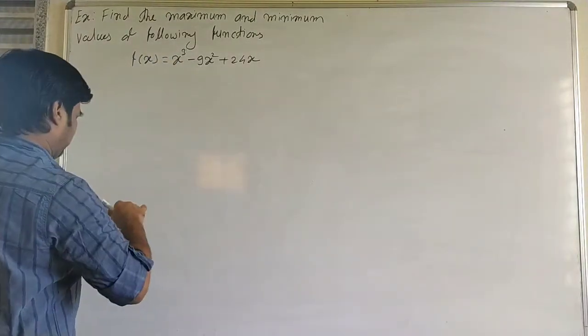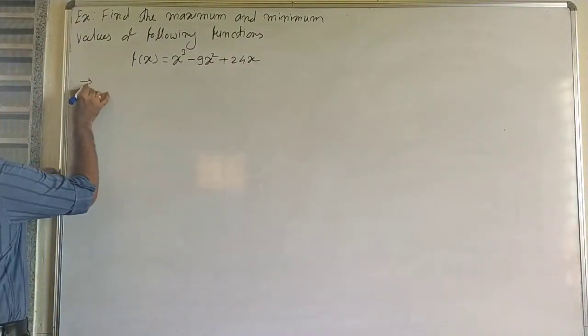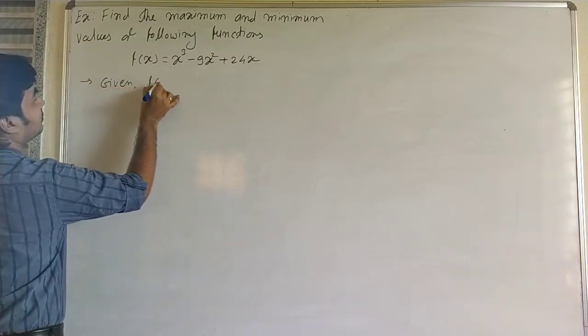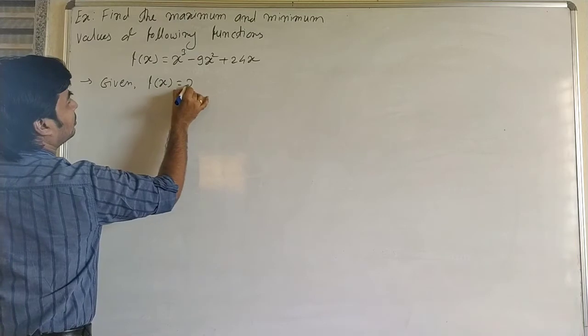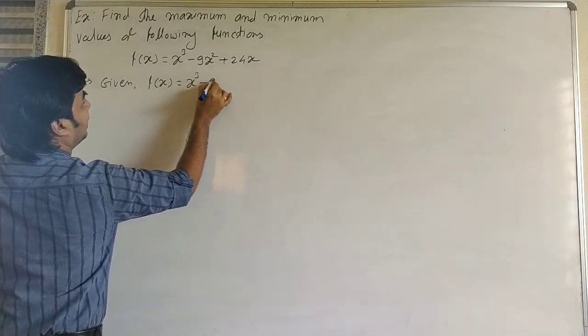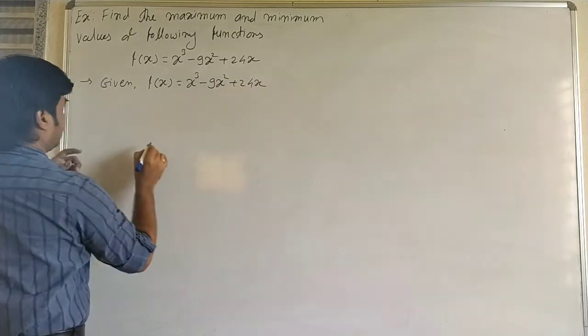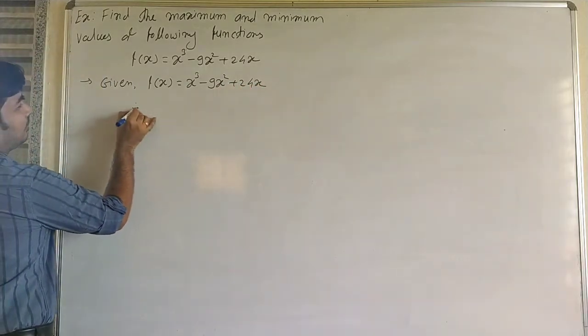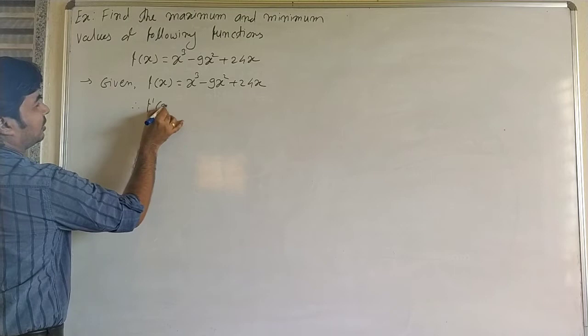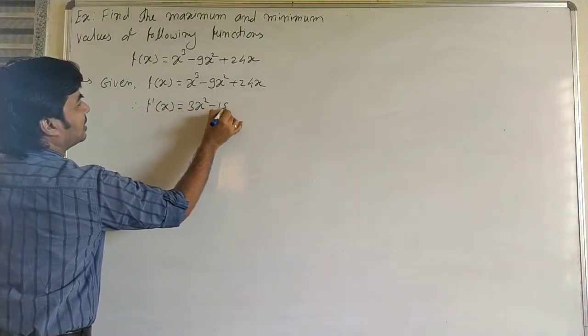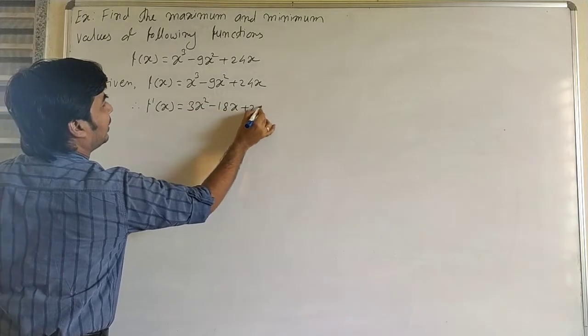Okay, same example here, given that f of x is equal to x cube minus 9x square plus 24x. Now find the first derivative. Differentiate with respect to x. f dash of x is equal to 3x square minus 18x plus 24.